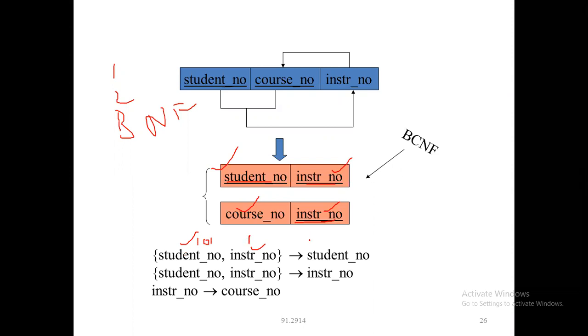When I say 101, he has instructor 1. Then student number 101 also has another instructor. So I can make many relations with this. I can have 101 as a student with an instructor, and the student is attached to that instructor. This student has been assigned to that particular instructor.